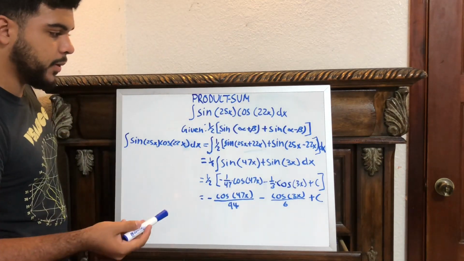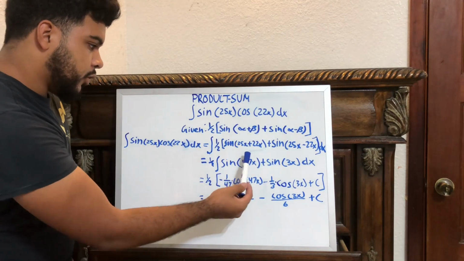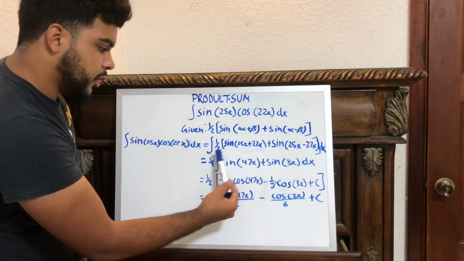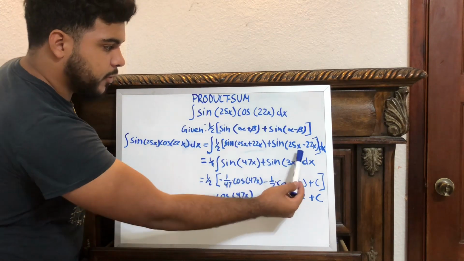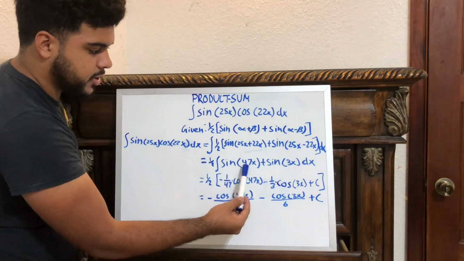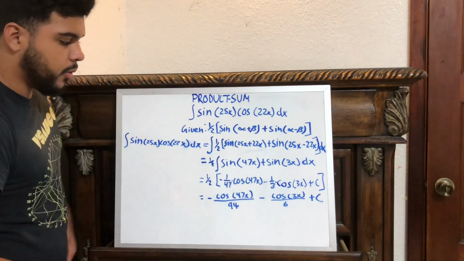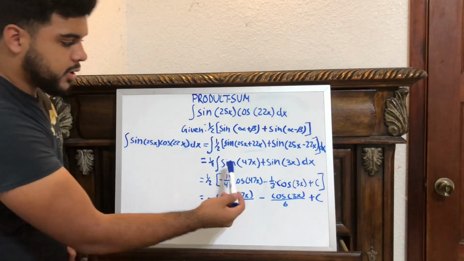So what will happen now is that we will just factor out the half and we will simplify what's inside the angle, right? That gives us a half integral of sine 47x plus sine 3x dx, right? And now what we will do is integrate these.